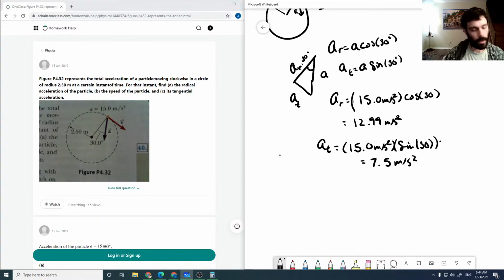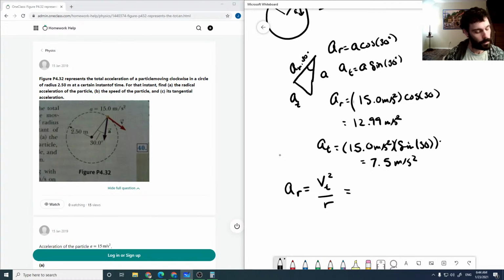So recall that our radial acceleration is related to our tangential velocity as this.